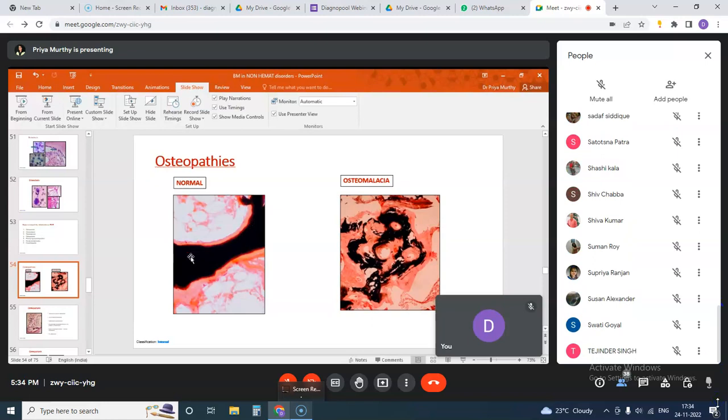So this is the black calcium deposit, which indicates that the bone is mineralized. And what you see here is the pink line, the unmineralized bone front. Okay, that is the periosteum.